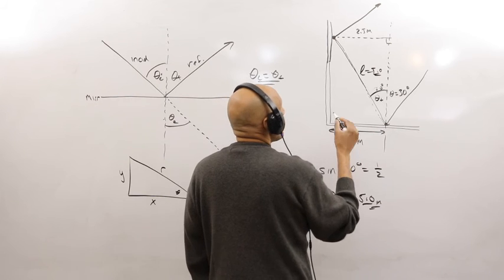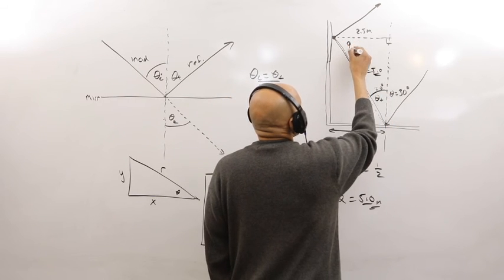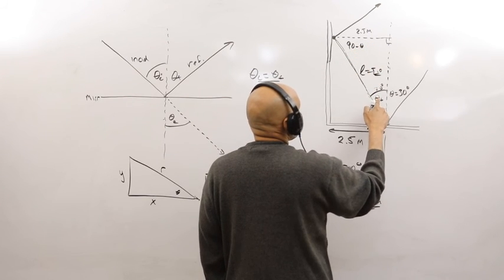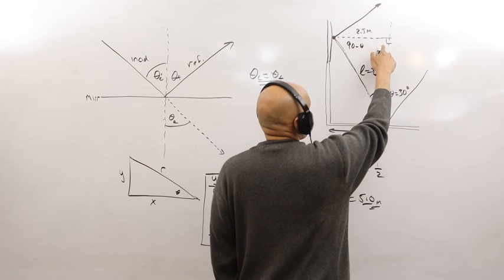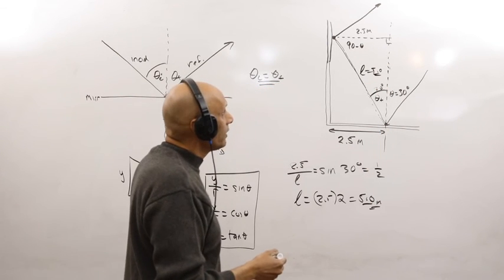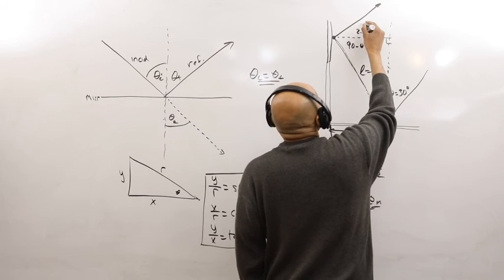So if you think about it, this angle must be 90 minus theta. So 90 minus theta plus 90 is 180 degrees. We know that the sum of all interior angles in a triangle is 180 degrees. So this is 90 minus theta.